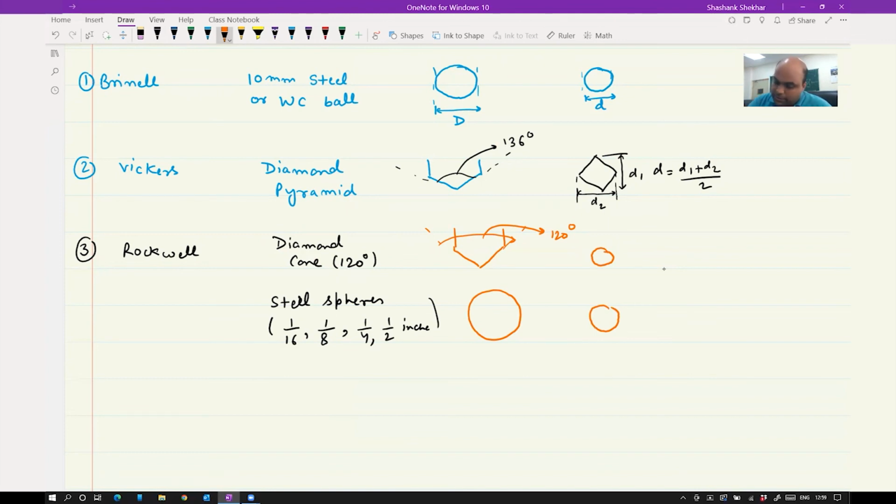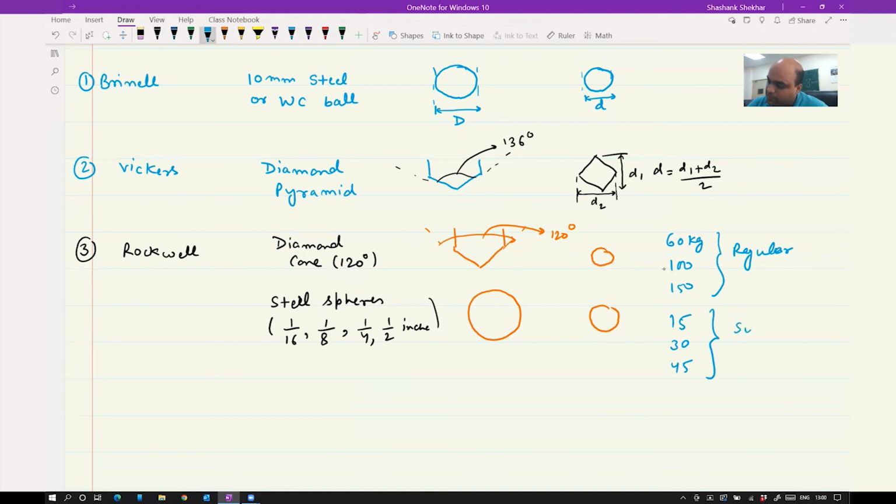Here we have two scales, Rockwell superficial and regular. So 60 kg, then 100, then 150. This was regular. And then we had 15, 30, 45.